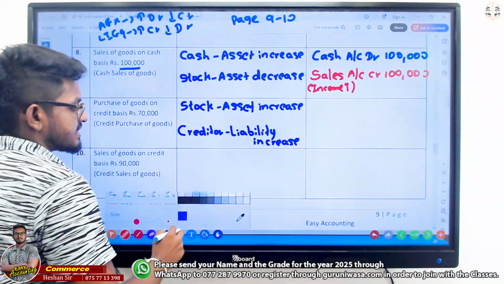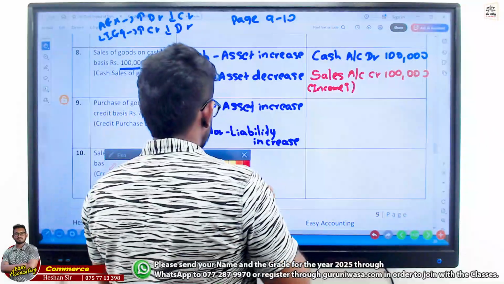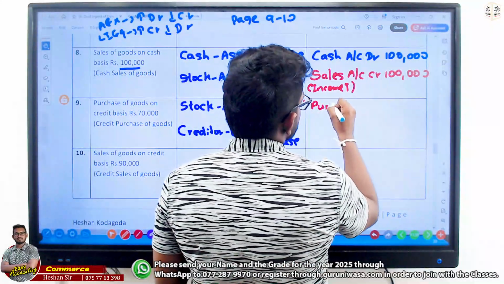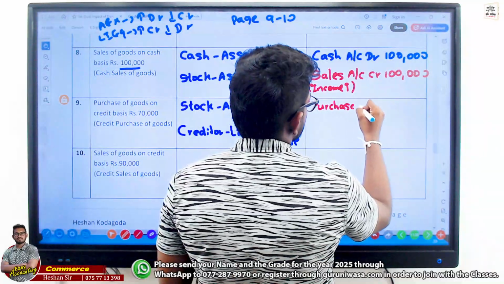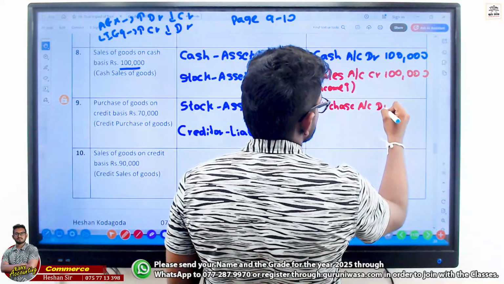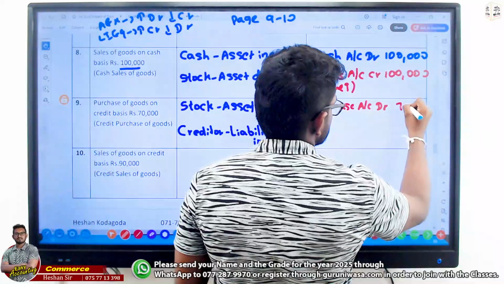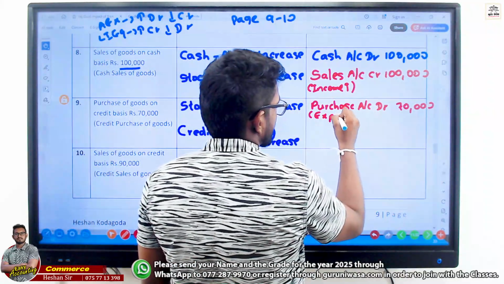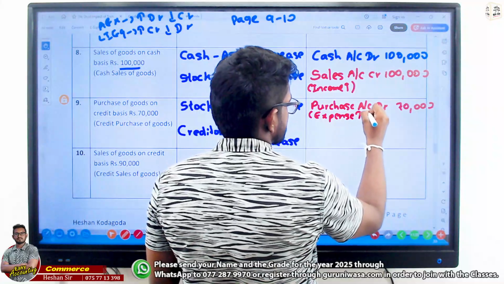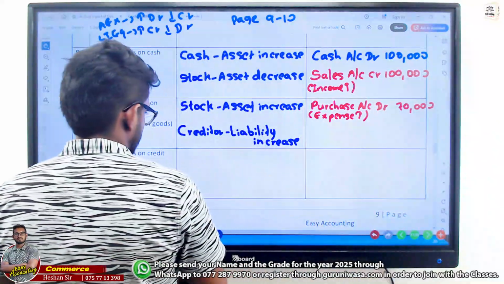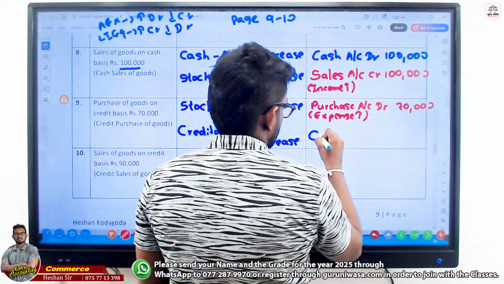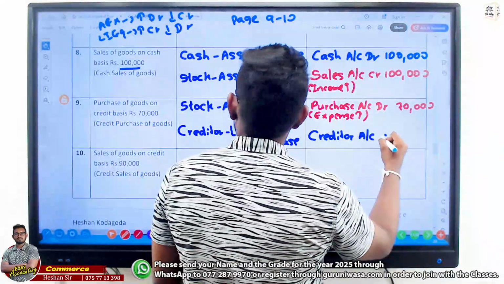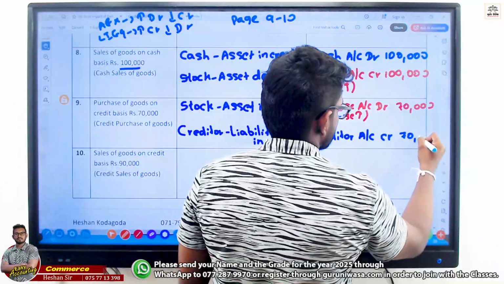When the stock asset increases, I told you, when it comes to the purchase, anyhow, purchase account debit when we purchase stocks, 70,000. When we purchase stocks, we concern it as expense increase. So creditor account credit 70,000.